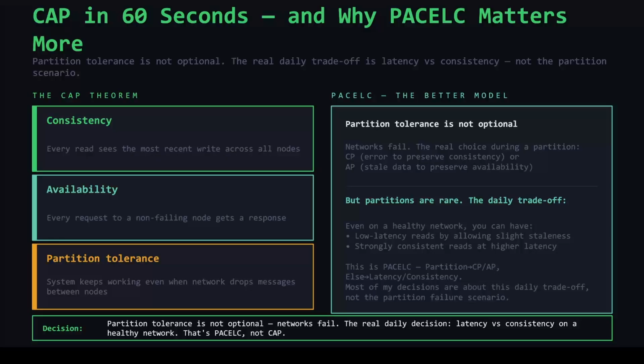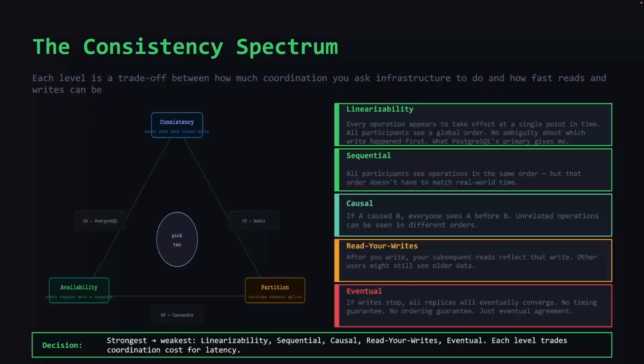Even without a partition, you can have low latency reads by allowing slight staleness or strongly consistent reads at higher latency. That everyday latency versus consistency trade-off is what most of my decisions are actually about, not the partition failure scenario. The consistency spectrum runs from strongest to weakest.